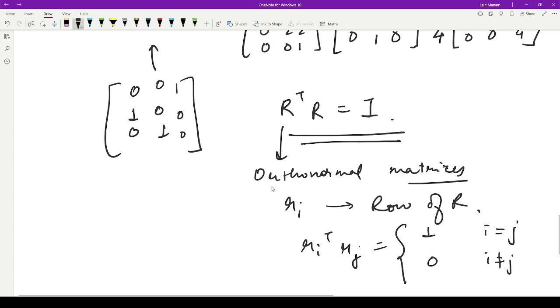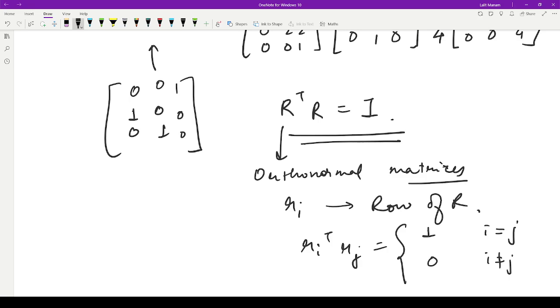So rotation matrices are orthonormal matrices, which means they should satisfy this condition. The dot product of two rows should be 1 for the same row, and 0 for any other row. That's how orthonormal matrices are defined.